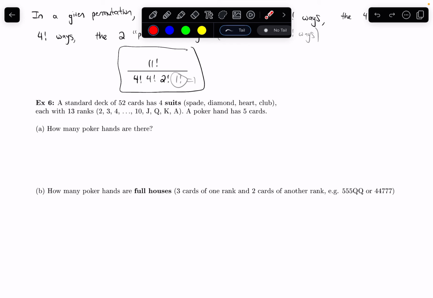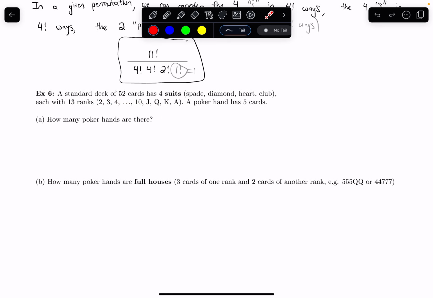And then the problem says a poker hand has 5 cards. Part A says, how many total poker hands are there? Okay, so in a poker hand, we have to choose 5 cards out of the total 52.